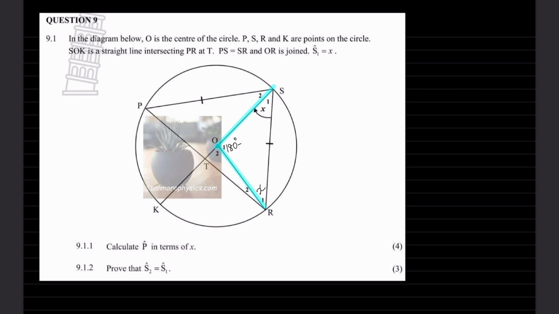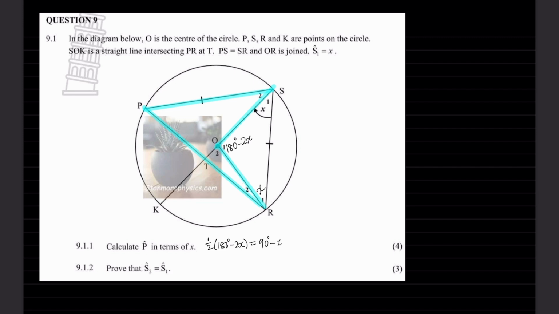O1 will be 180 minus 2x. Now angle P is going to be the angle at the circumference. And we know that the angle at the center is double the angle at the circumference. So angle P is going to be half of 180 minus 2x, which is 90 minus x.